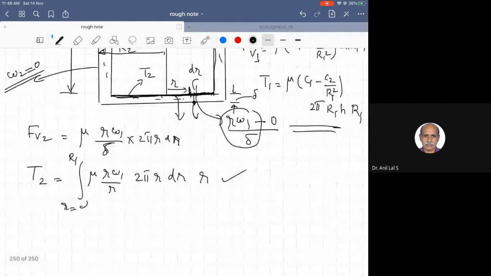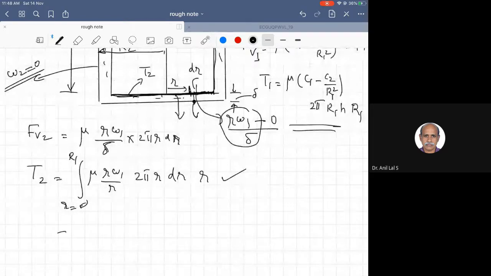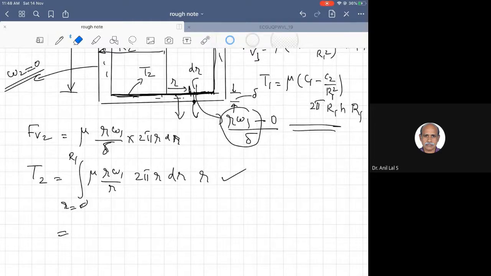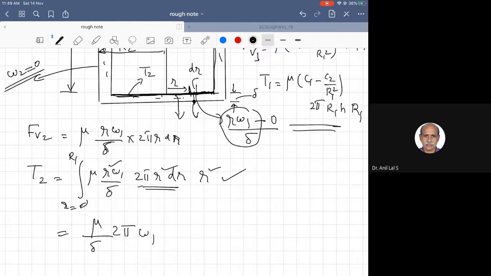So this integration can give T2, that is the bottom. Mu r omega 1 by delta, times 2 pi r dr, times r. So there is an r here, an r here, an r here, so r cubed is there. So mu by delta into 2 pi can be taken outside, omega 1 can be taken outside.